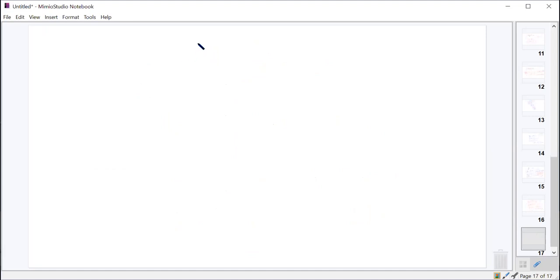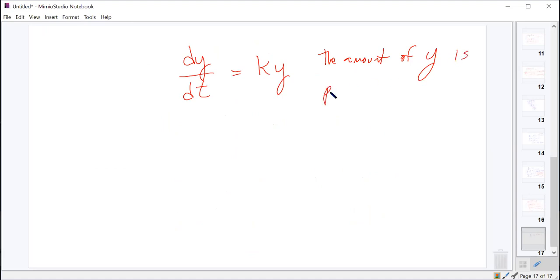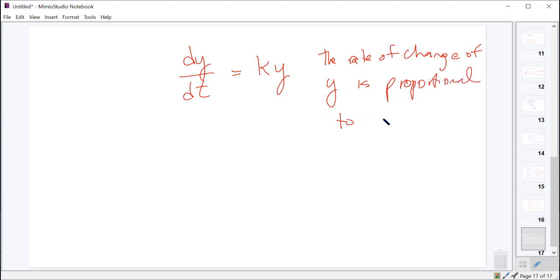Now, the only little basic application that we did of differential equations was dy dt equals k times y. It's saying that the rate of change of y is proportional, based on this constant of proportion k, to the amount of y.